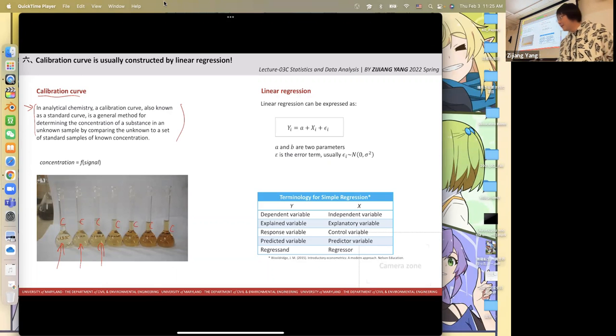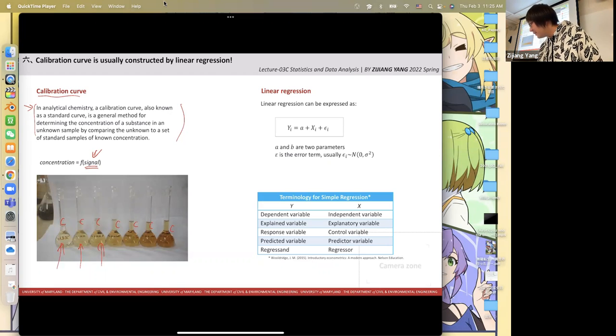Then we send these samples to the instrument. The instrument can only detect electrical information, and this electrical information is the signal of the instrument.